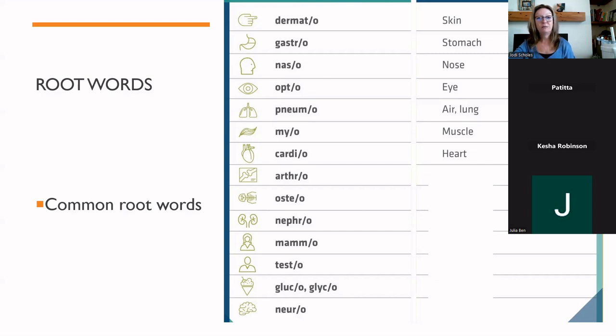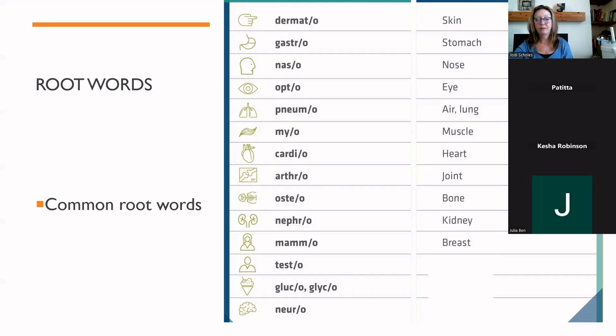Arthro, joints. Osteo, bone. Nephro. Do you remember nephro? Nephrologist, nephrology. Kidneys.